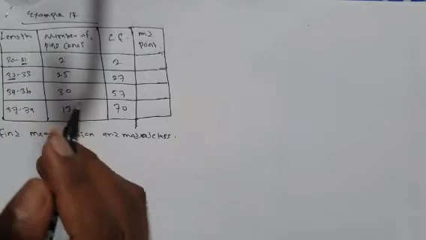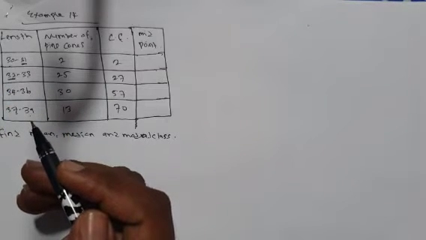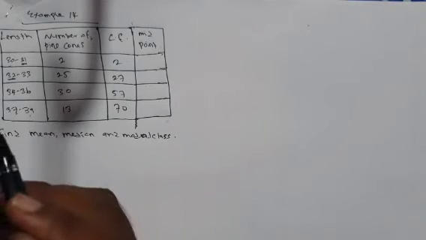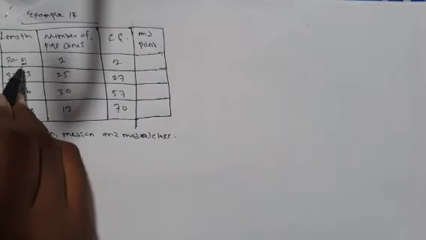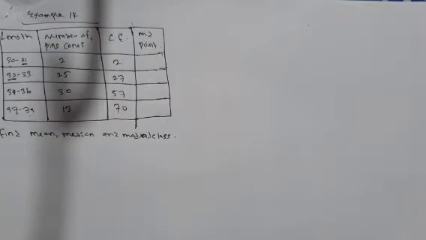Suppose you get a data value 31.5, you can't record it in the first class, you can't record it in the second class. If it were continuous, the first range would end at 31 and the second range would start at 31, not at 32. So this is a discrete grouped frequency table.